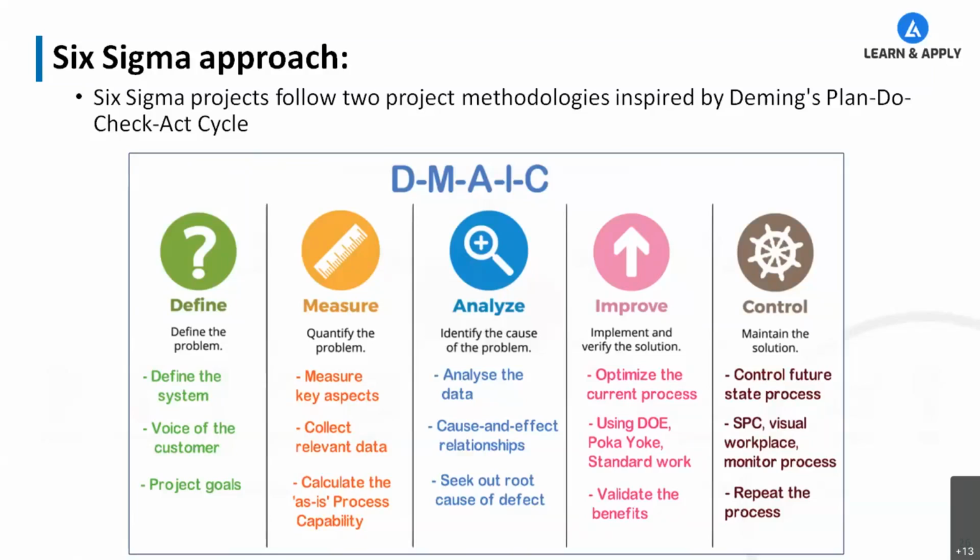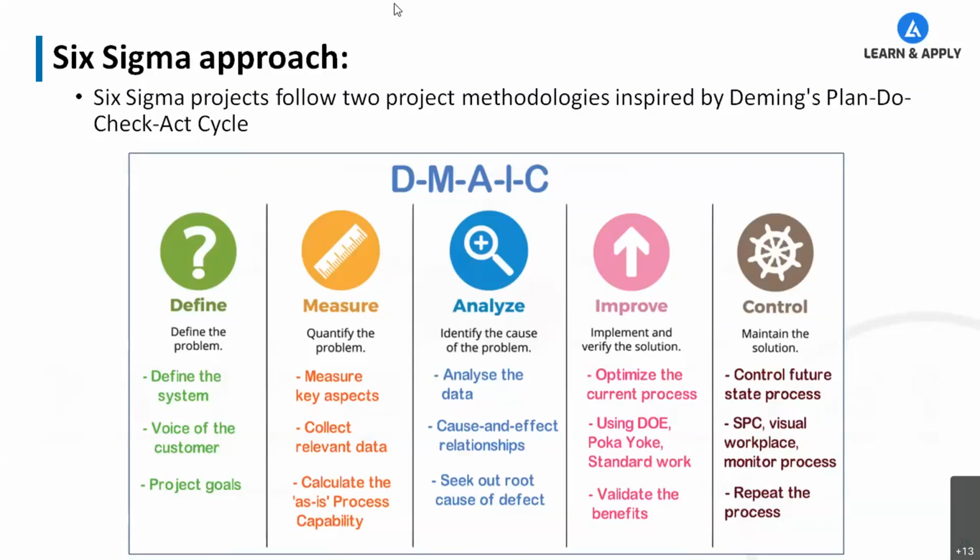We have to identify the cause of the problem. We have to analyze the data, draw the cause and effect relationships, and go to the root cause of defects. Why-why analysis and such different tools are there with which we analyze the problem.